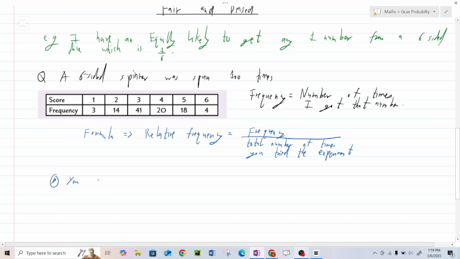You can use it as an estimate of the probability.